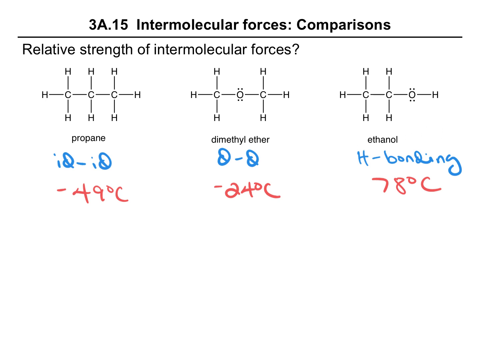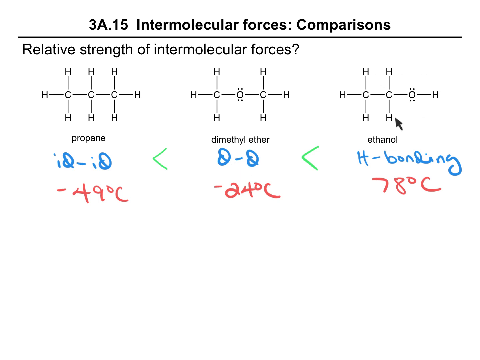So induced dipole interactions would be the weakest. Dipole-dipole interactions are stronger than induced dipole, and hydrogen bonding interactions are stronger than the dipole-dipole. Now, technically, all molecules are capable of induced dipole interactions. So dimethyl ether has induced dipole as well as dipole-dipole interactions.